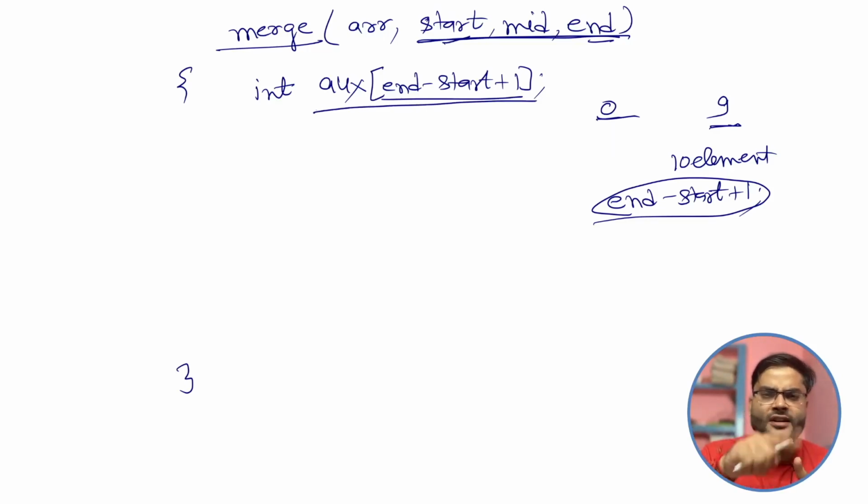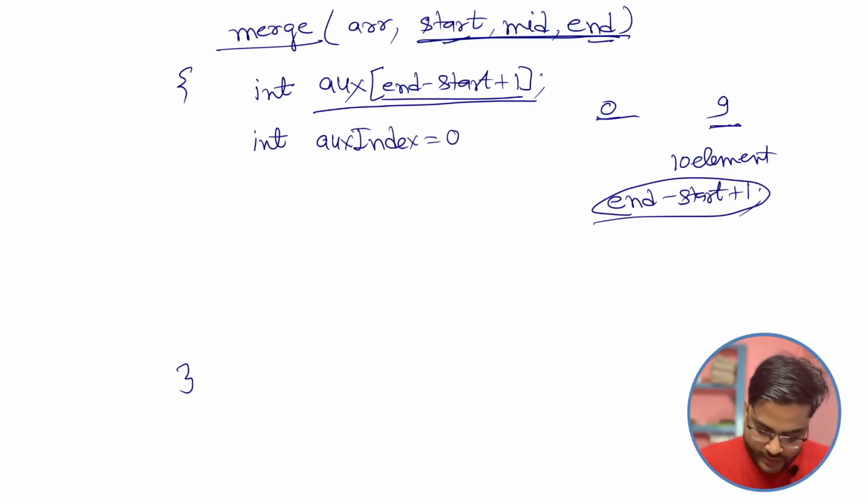Now to traverse through the auxiliary array, we'll start from the 0th index. So let's take an index, let's say aux index. Initially it will be 0, right? Because we want to sort the array and then put it in the auxiliary array, so initially it will be put in the 0th index.